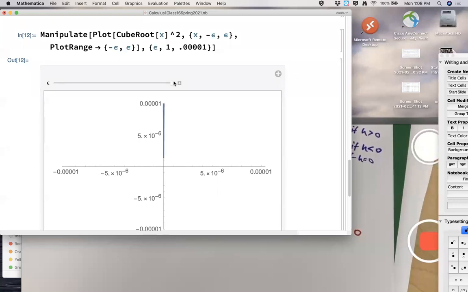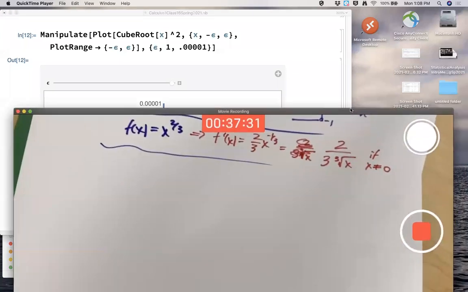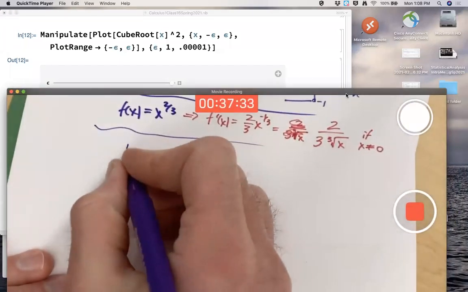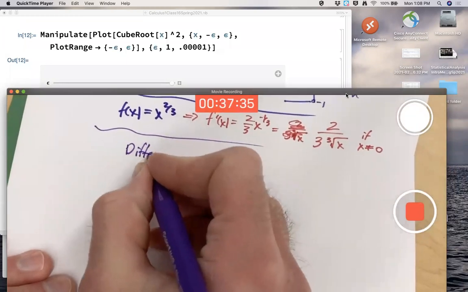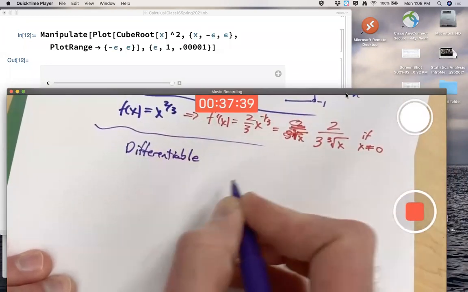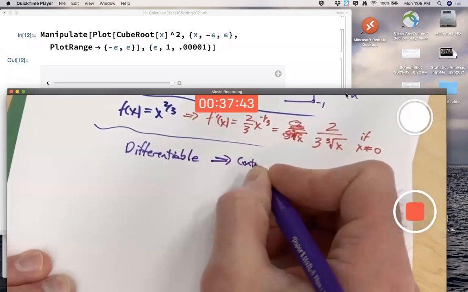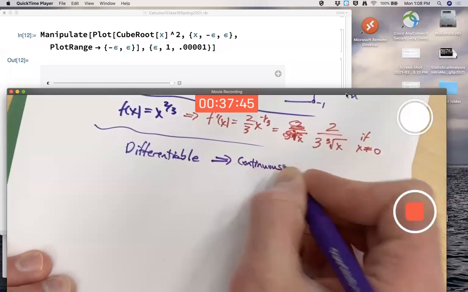So that's the concept of differentiability. Another big thing to know about differentiability is when your function is differentiable, it will automatically be continuous. Differentiable, meaning has a derivative, implies continuous. The graph does not have any breaks in it.